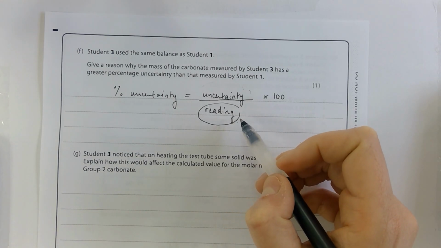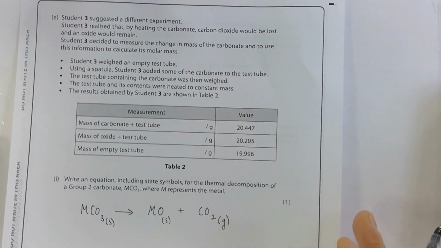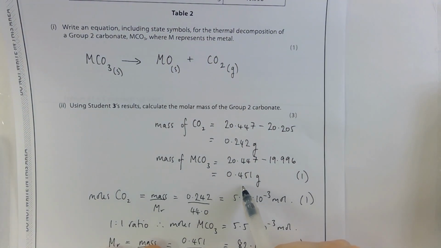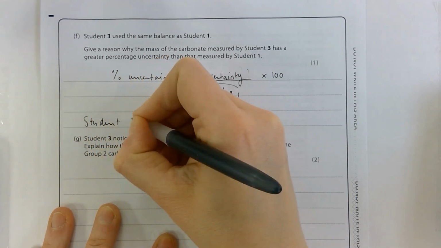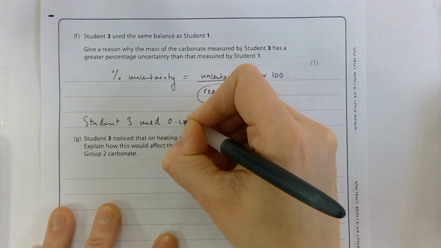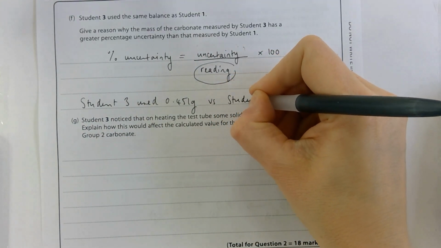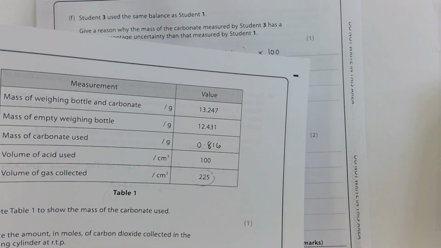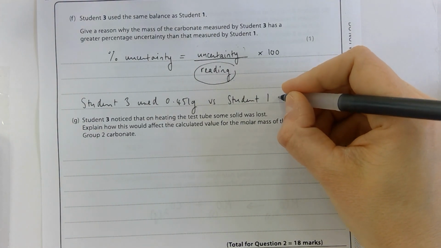Okay, so let's look at the masses that the two students used. The one we just looked at, student 3 had a mass we calculated of metal carbonate of 0.451 grams, versus student 1. Let's go back to student 1 information. Our table from before said that student 1 used 0.816 grams of metal carbonate.